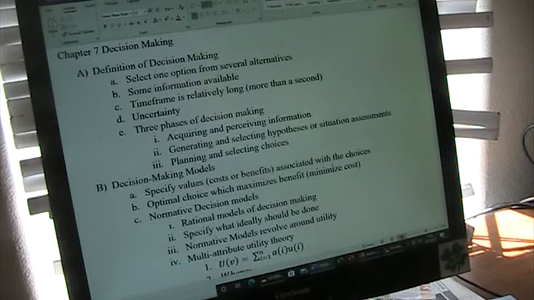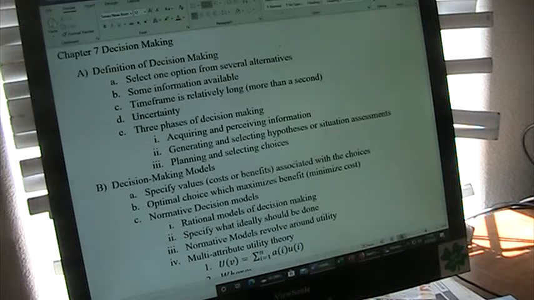Well, first we're going to define decision making. For one thing, we're going to select one option from several alternatives. We have some amount of information available, and our time frame is relatively long. Okay, they define long as more than a second. So you better think quick in their situation.